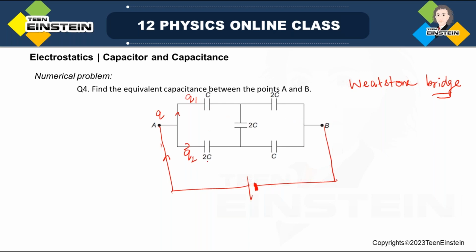You can see there are four capacitors like this, and in between this is 2C, so this is an unbalanced Wheatstone bridge actually. It has the symmetry of a Wheatstone bridge, but unbalanced.